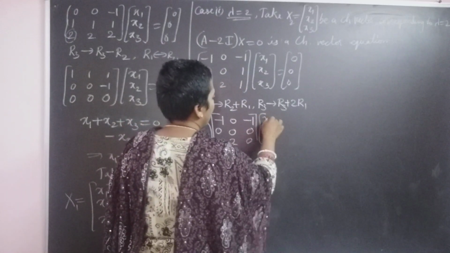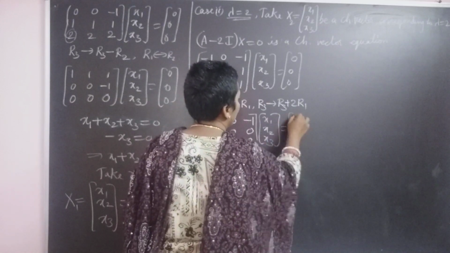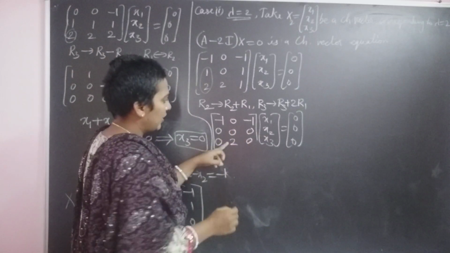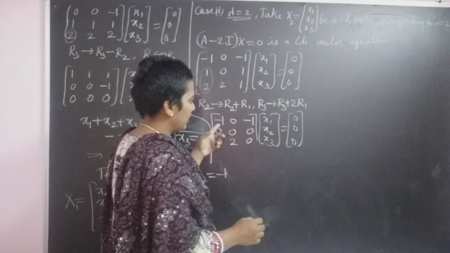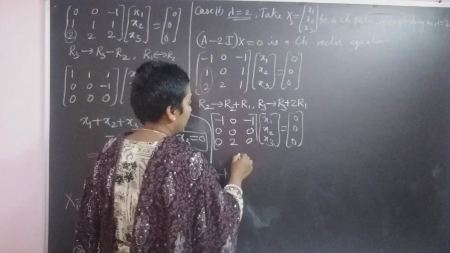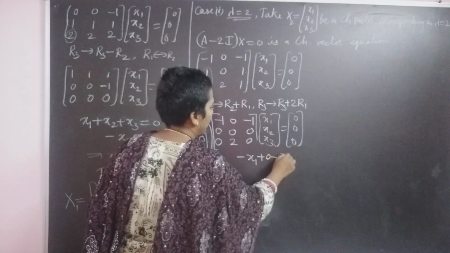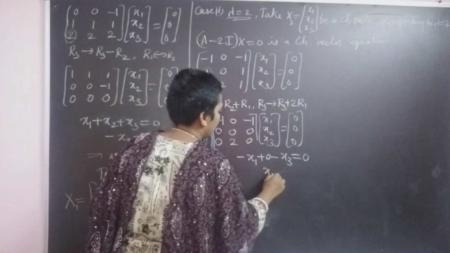It is x1, x2, x3 equal to 0, 0, 0. Then it is in the echelon form. We can write the linear equations: minus x1 plus 0 minus x3 equal to 0 and x2 equal to 0.